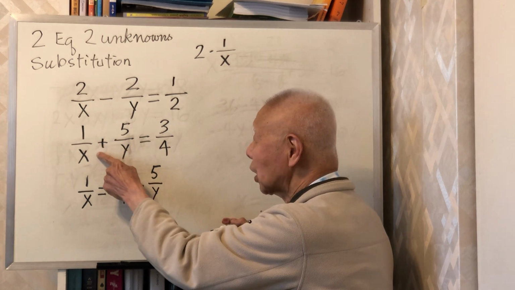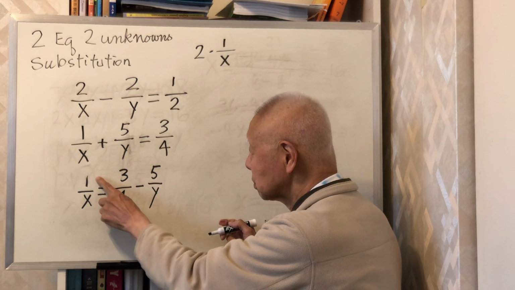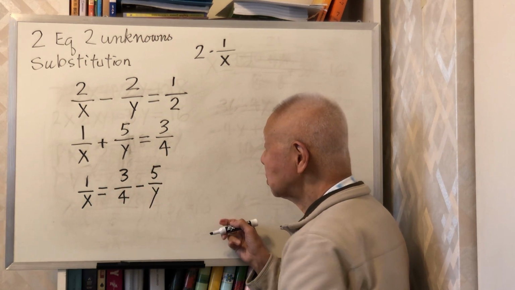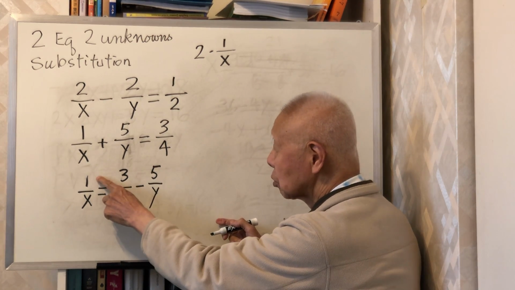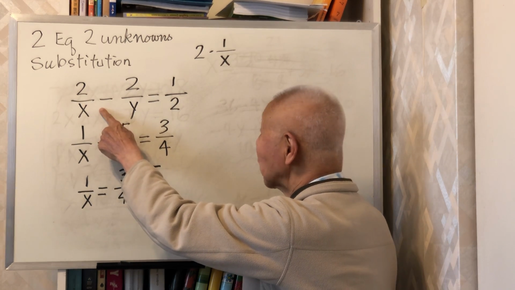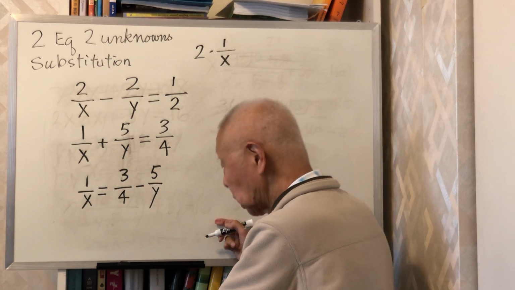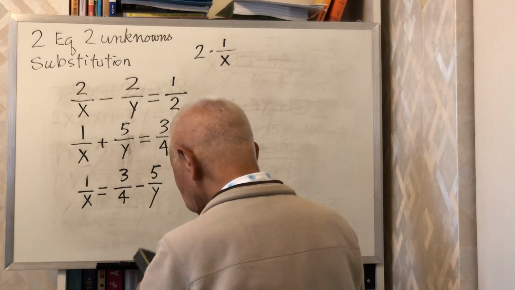Solve for 1 over x, move this to the right-hand side. Put 1 over x into here. So that's substitution.